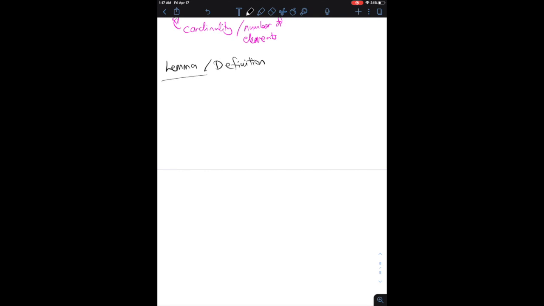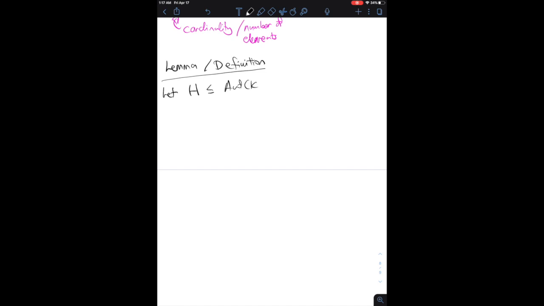Let's start with a definition. So far we've come up with a construction which will produce a group out of a field extension.